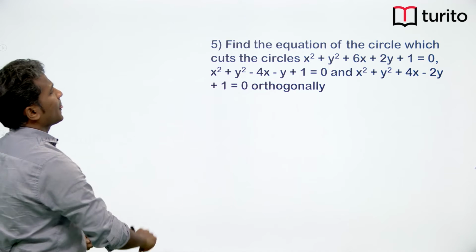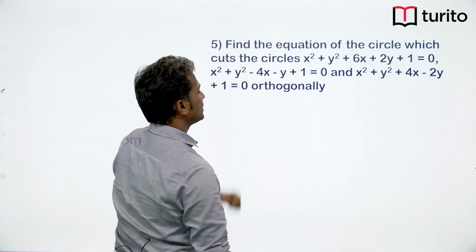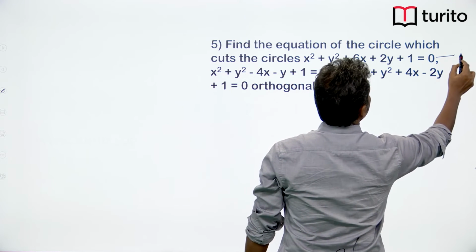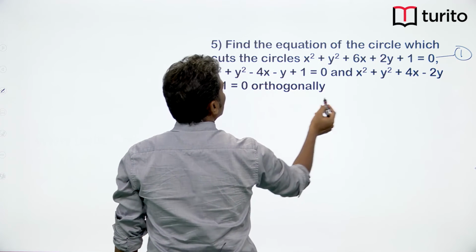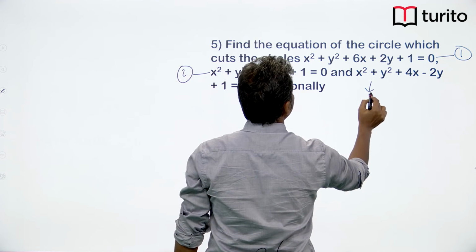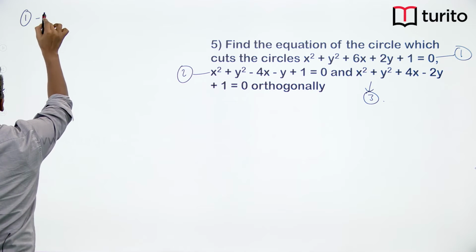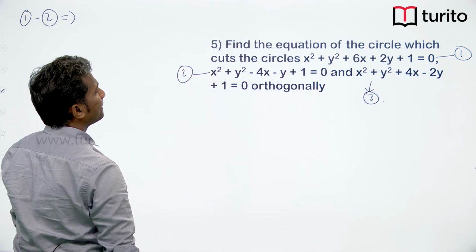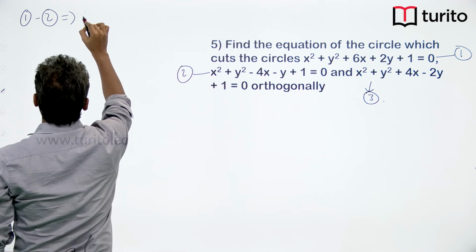So, first I will subtract second circle from the first circle. Okay. So, we name these circles as, let us say this first circle is 1, this circle is 2 and this third circle is 3. So, now 1 minus 2 will give me 6x minus 4x, which is 10x.